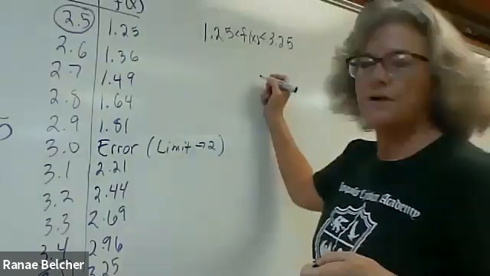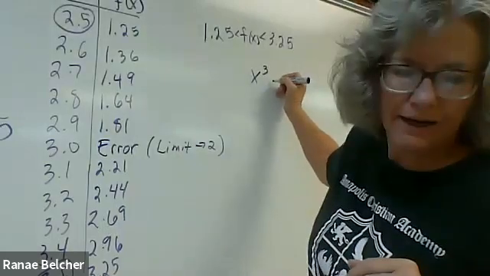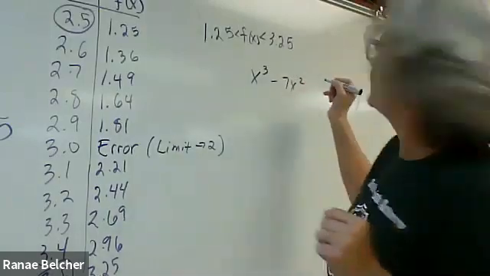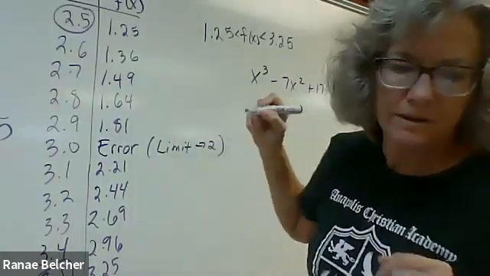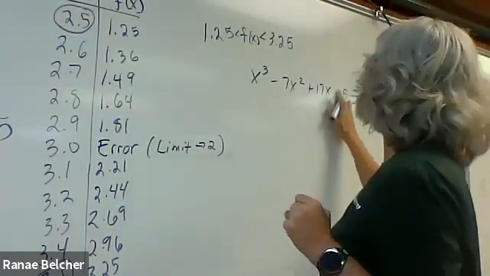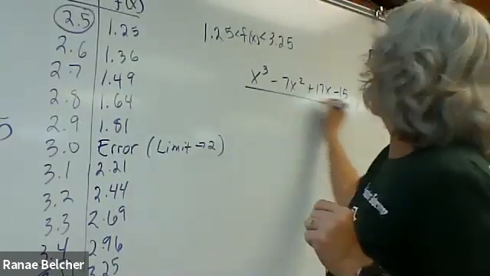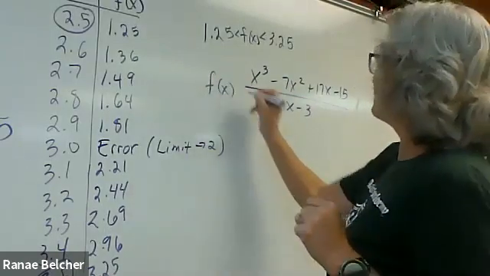Okay, so our fraction, or basically our equation, started out as x cubed minus 7x squared plus 17x minus 15, over x minus 3. Okay, how can we simplify that?